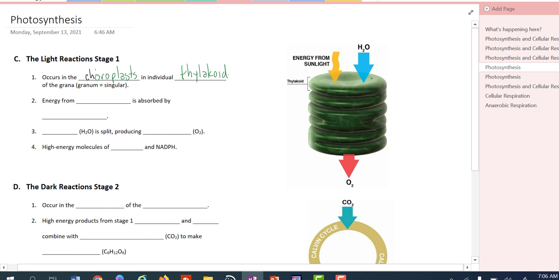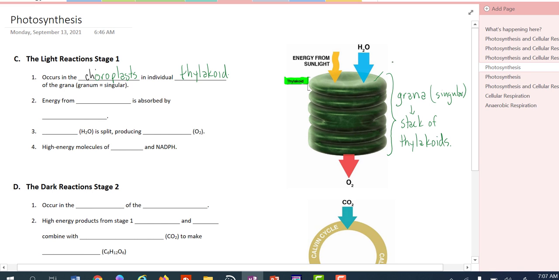If we look at this here, this is a thylakoid, one of these little poker chips, right? And a stack of those thylakoids, as I referred to before, is what we call a grana, and that's singular. So a grana is a stack of thylakoids. That's where it occurs.